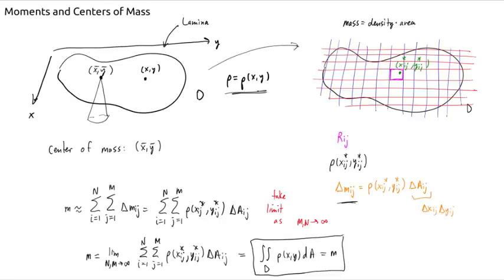And so if we go back to our picture here, where we have everything partitioned, the only difference is if we want to find the moment in the x direction, so this is the tendency of this region to want to tilt one way or the other, be pulled one way or the other in the x direction, we need to multiply by the density times the y value.